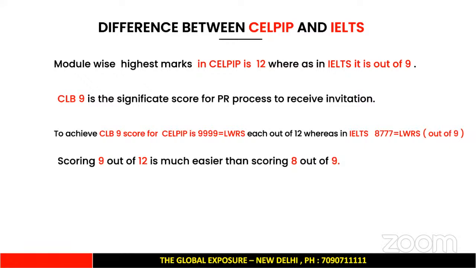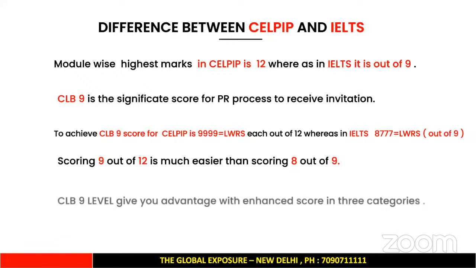Scoring 9 out of 12 is much easier than scoring 8 out of 9. Why? On the one hand, we have a gap of almost 3 digits, but on the other hand, just a gap of a single digit. This is why it is convenient in a way to go ahead with the CELPIP exam.